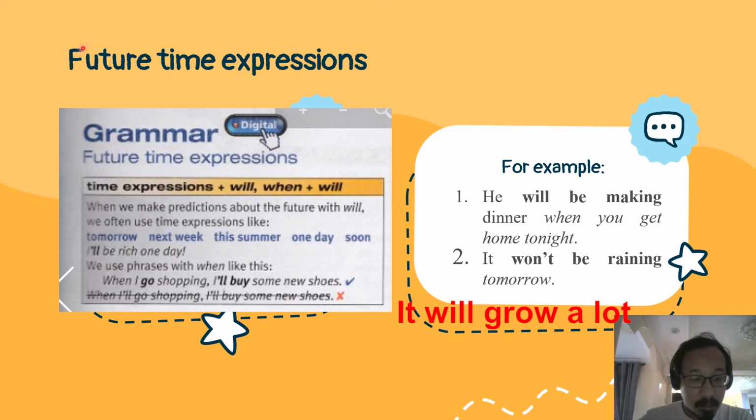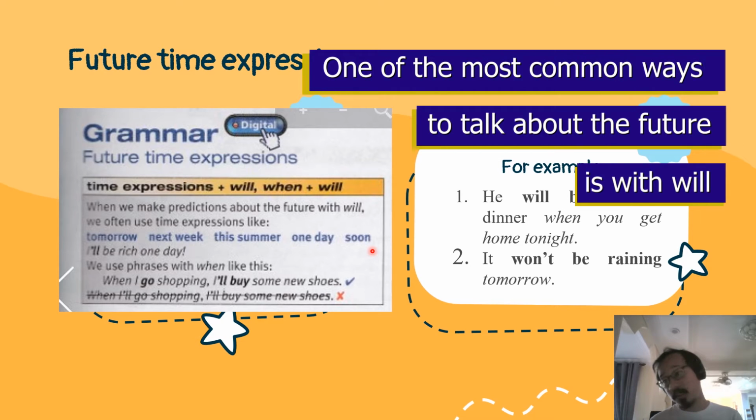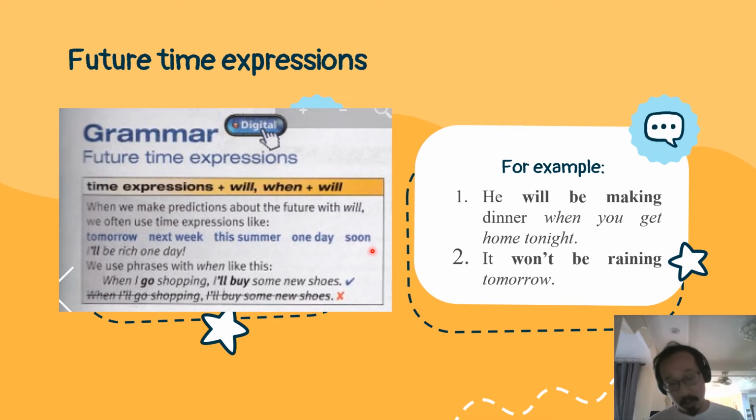Okay, let's look at this one. Future time expressions. Now, what is a future time expression? We use a future time expression if we want to talk about something that is going to happen in the future, and that we can predict when it's going to happen. It's like we know what time of day it's going to happen.